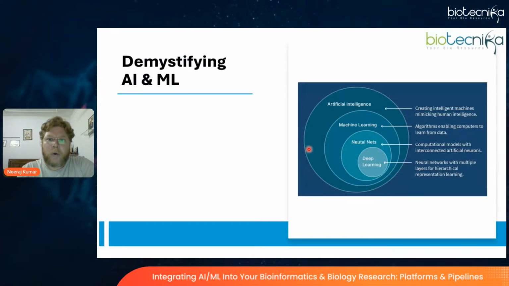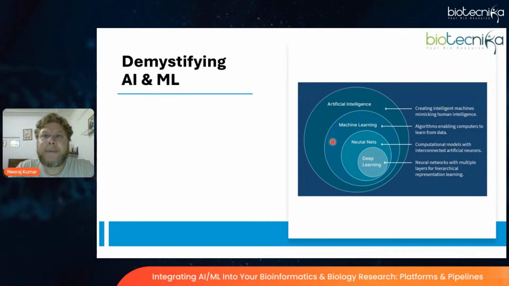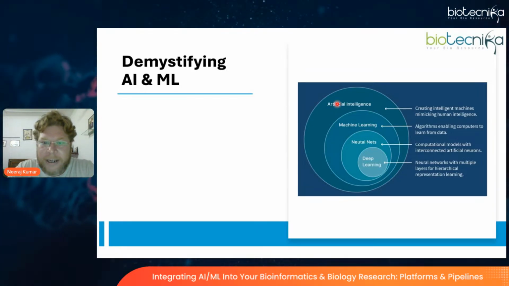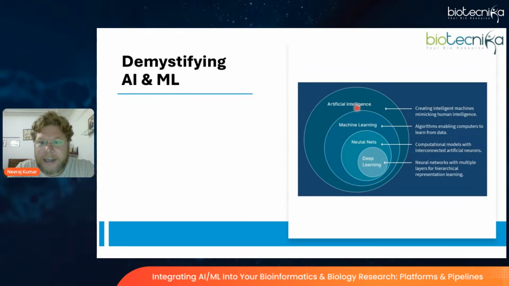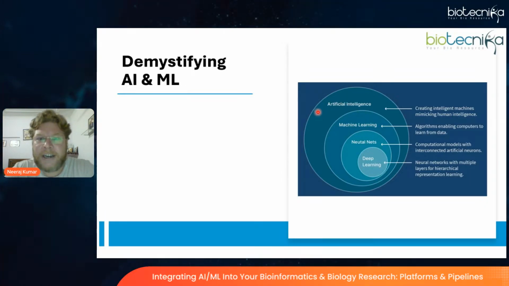So what is specifically machine learning and artificial intelligence? AI is the broad field of creating machines that can mimic human intelligence, right? Machine learning is a subfield of AI. Here you can clearly see that this is artificial intelligence, and machine learning comes under the umbrella of artificial intelligence.